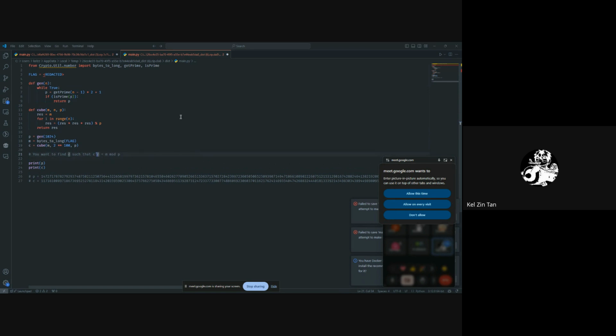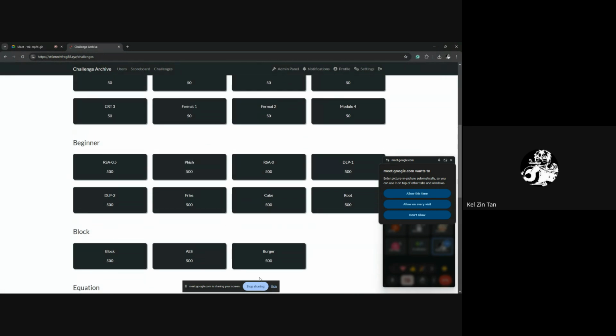So C here is what? C is m to the power of 2 times 100, right? So this thing is just D. So you want to find D such that this thing holds. So what can you do? Just now, I already gave an example of this also.